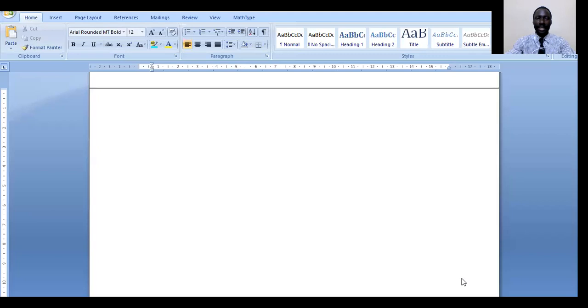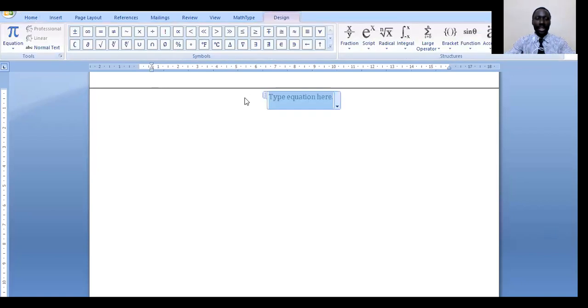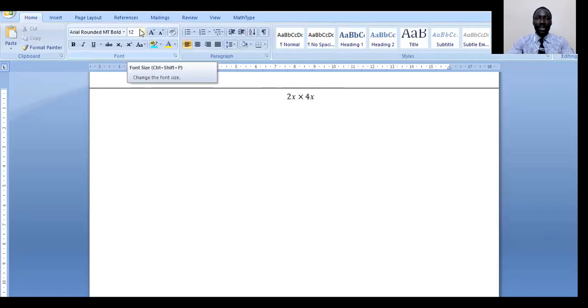Now, what I said is, if you would like to multiply algebraic expressions, suppose that the algebraic expression is like 2x, that we have to multiply with 4x. Now, notice that a lot of times, multiplication of algebraic expressions will involve the use of a bracket.